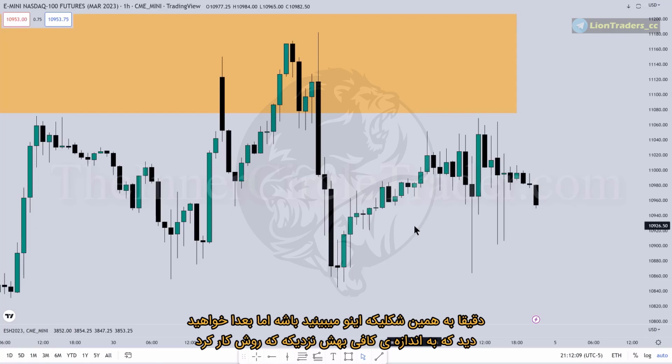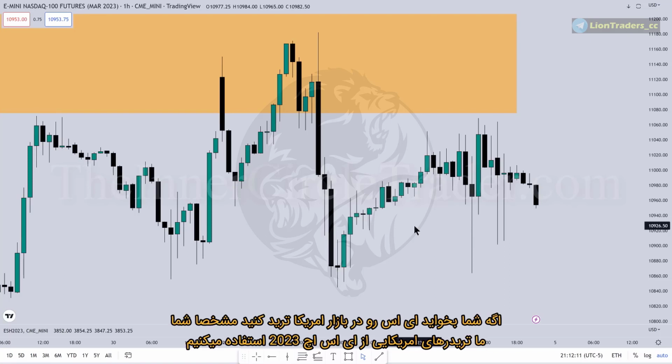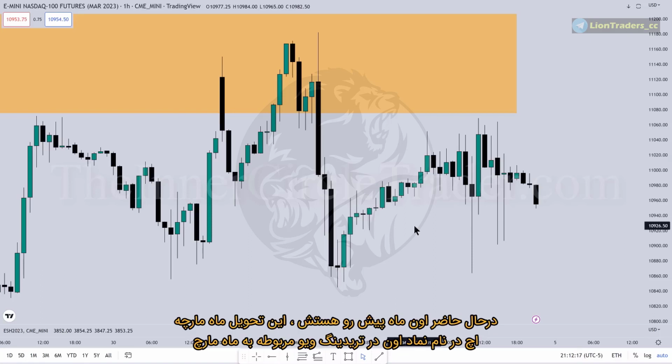enough to operate in. If you're going to be trading the ES in the US markets, obviously, American traders, we use the ESH2023 right now as the front month. It's March delivery. H in the name of the symbol on TradingView is correlated to the month of March. That's the delivery contract.